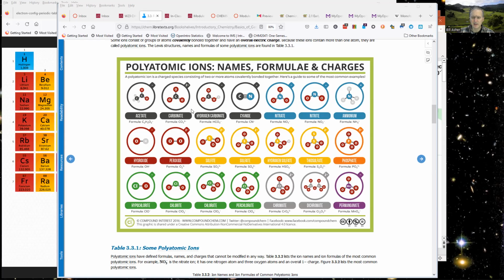So if I talk about iron 3 chromate ions, we have iron, Fe 3 plus, and then chromate, which is CrO4 2 minus. You know that this whole thing comes together as a package, an ion with a -2 charge. So we're figuring out the formula for this.